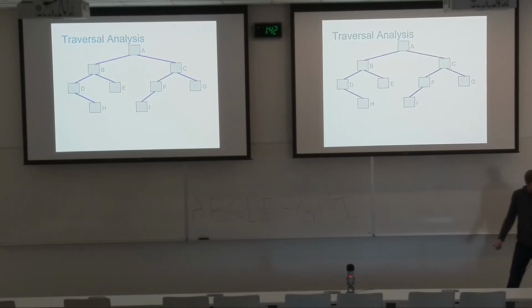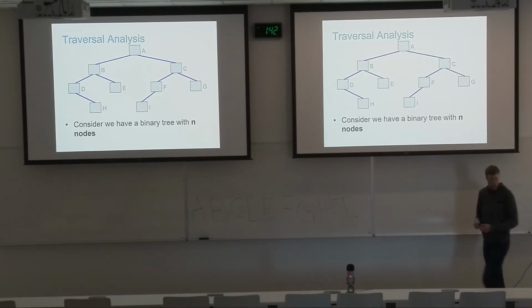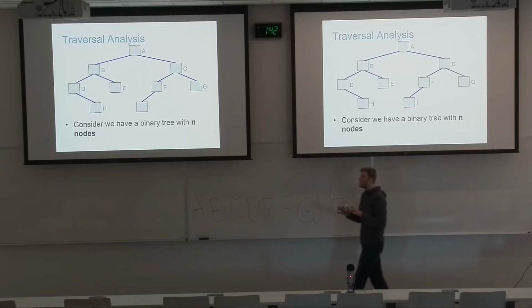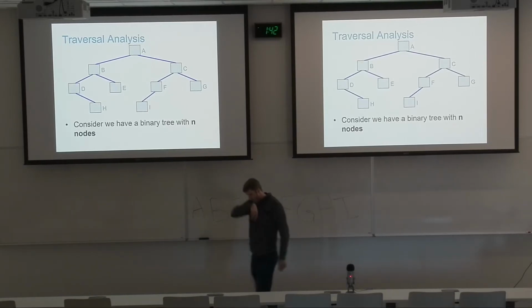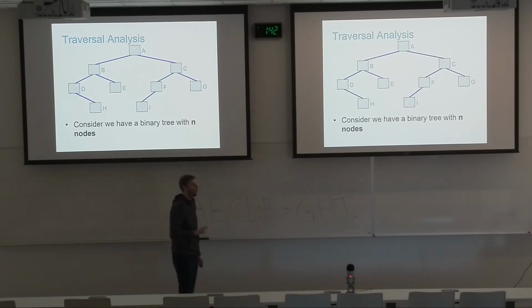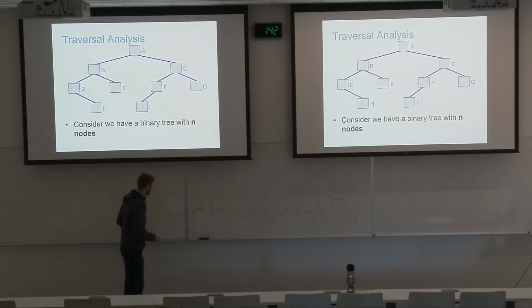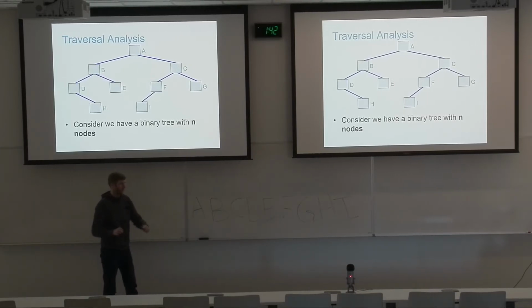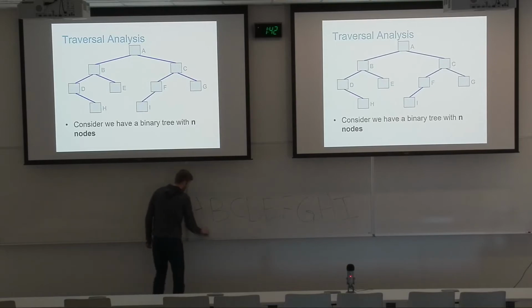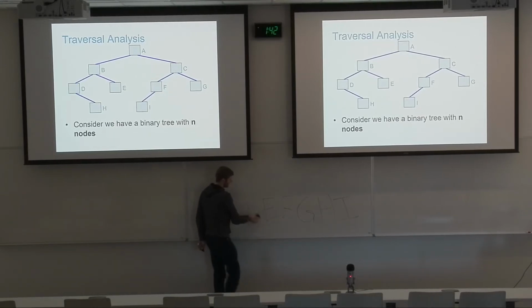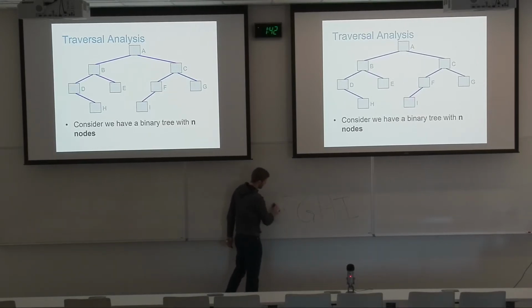So, consider we have a binary tree with n nodes. Pay attention here to what I'm defining n as. N is the number of nodes. So, for any of these traversals, how much work are we going to have to do in terms of n?